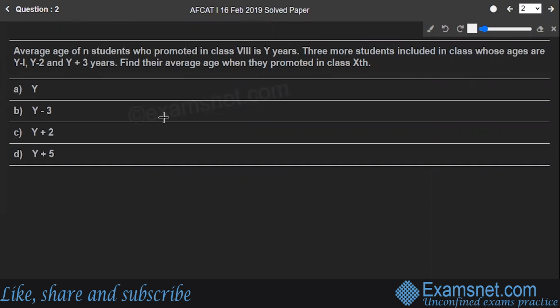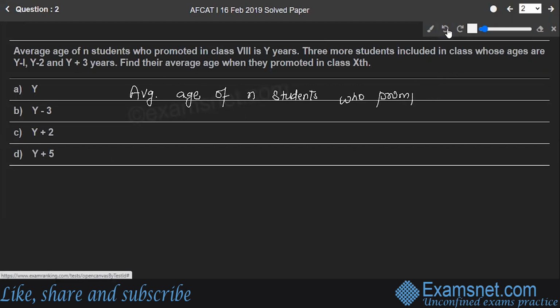So first, you are given the average age of n students who were promoted to class 8 is Y years.